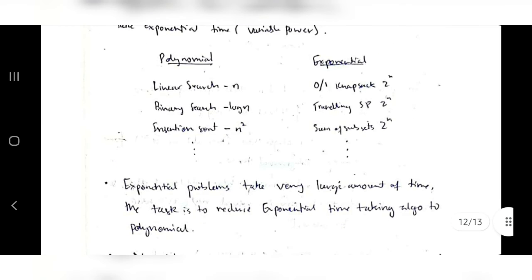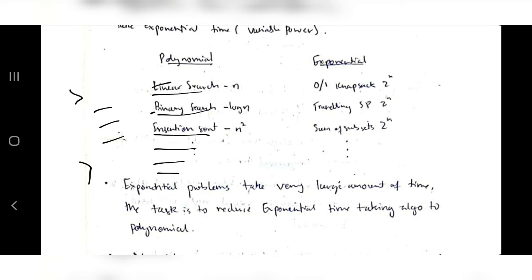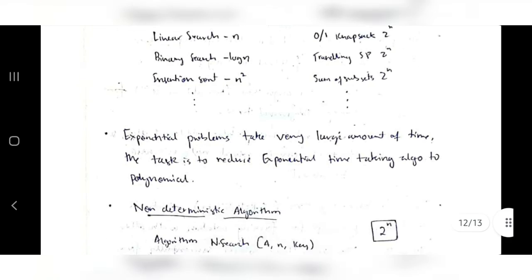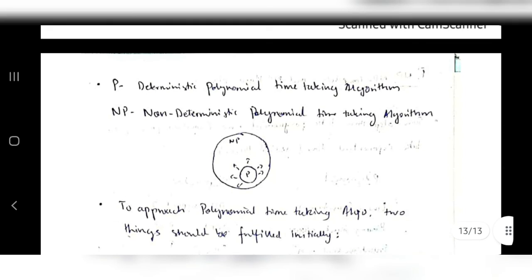The examples are linear search, binary search, insertion sort, matrix multiplication, merge sort, quick sort, and so on. For each of these, we know what the code is and how it does it, and when we calculate the time complexity, it does not come under exponential. So that is P, which is polynomial and deterministic.